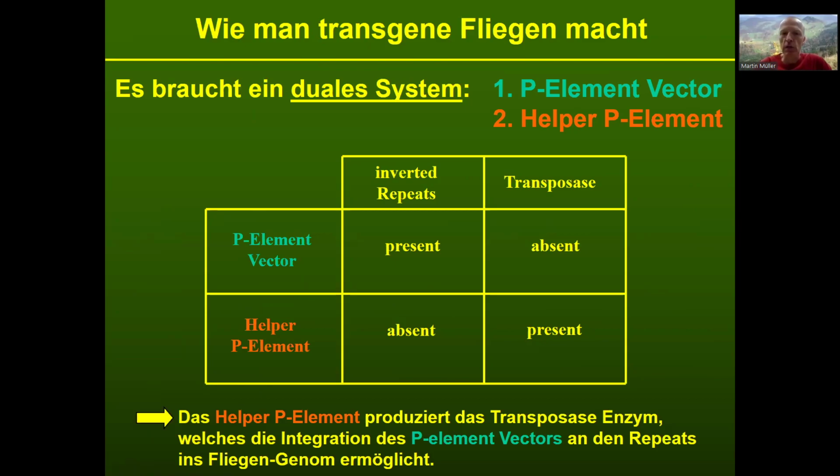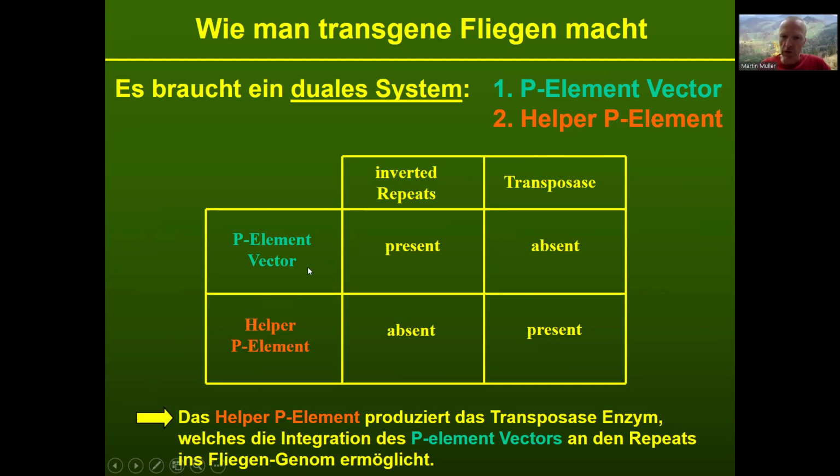So you have these two different plasmids. The P element vector contains the inverted repeats, but not the transposase. The helper P element doesn't contain inverted repeats, but it contains the transposase.